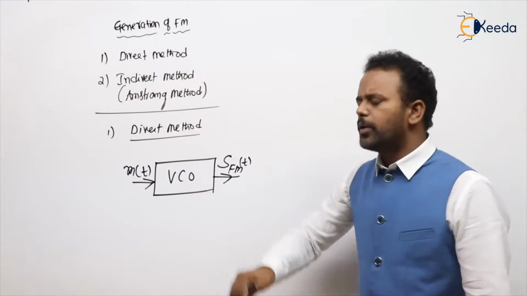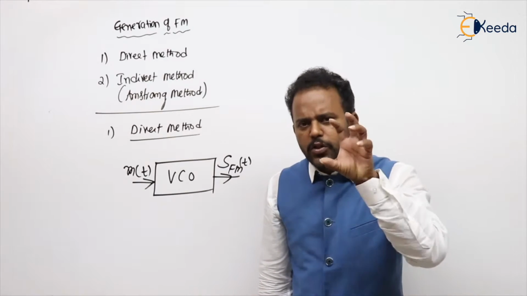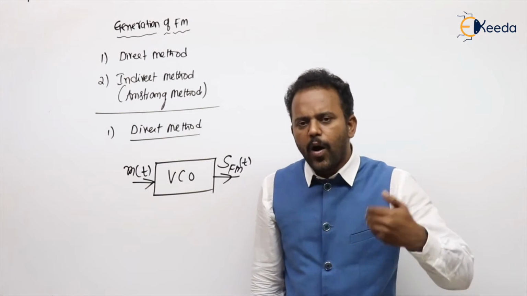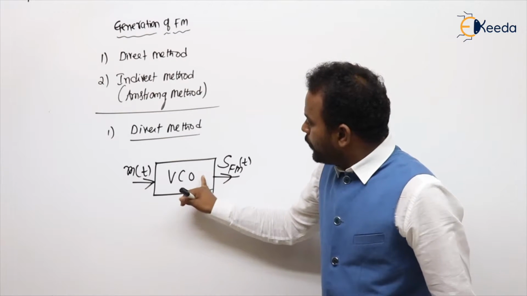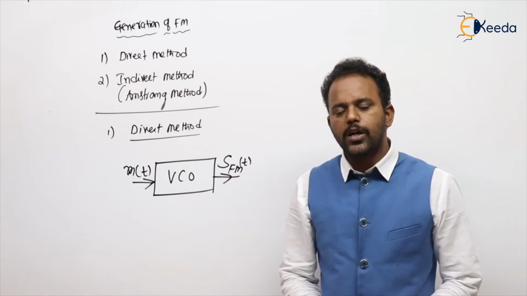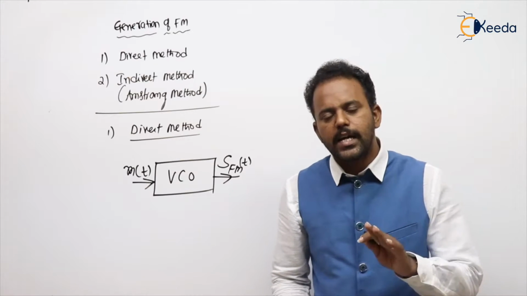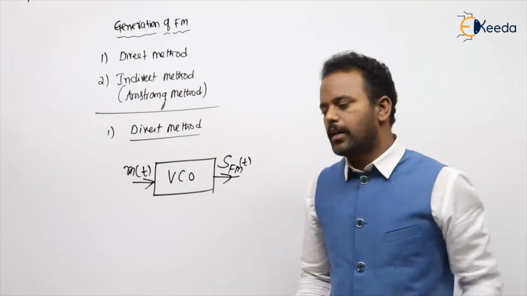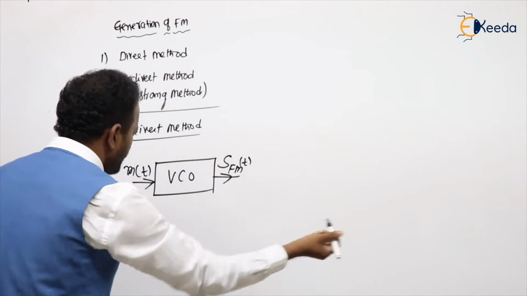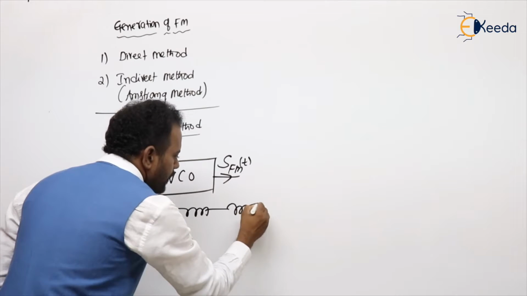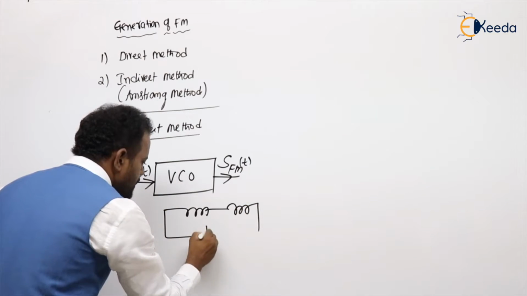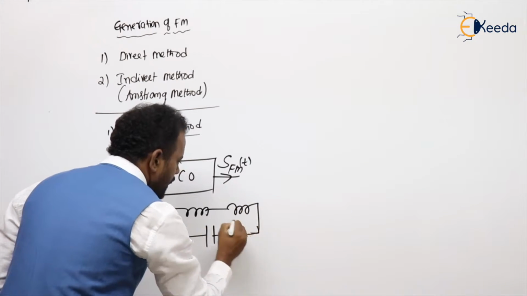Let's look cleanly at the VCO, what tuned circuit we are using and how it operates. Inside the voltage controlled oscillator we have a Hartley oscillator. A Hartley oscillator means two inductors in series with a capacitor in parallel.